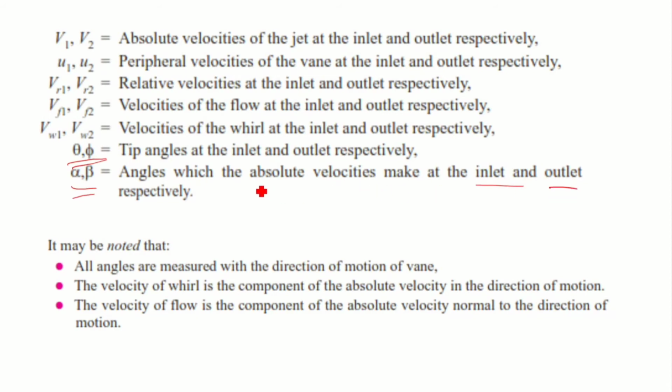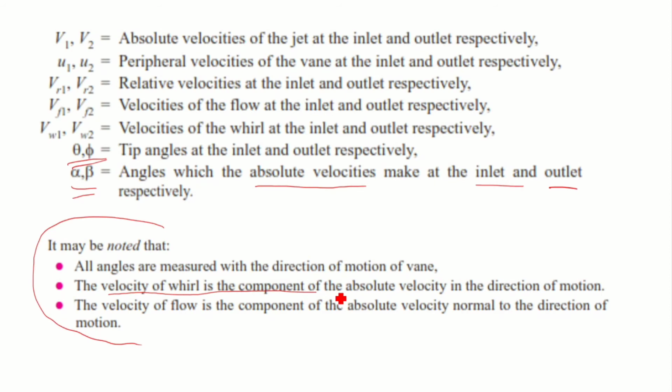The angle which the absolute velocity makes with the direction of motion is alpha and beta. An important thing you have to notice is that all angles are measured with respect to the direction of motion of the vane.